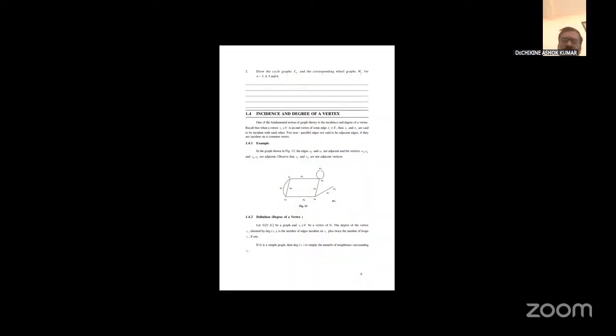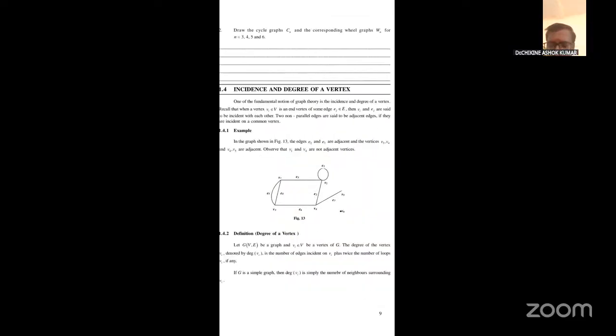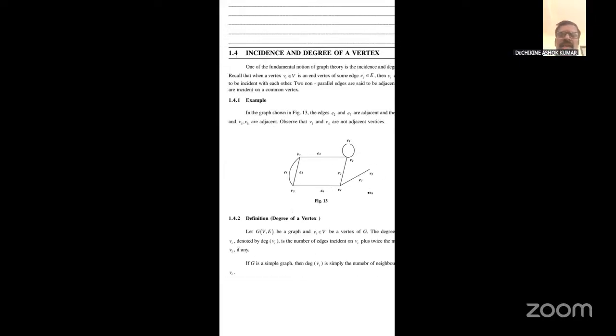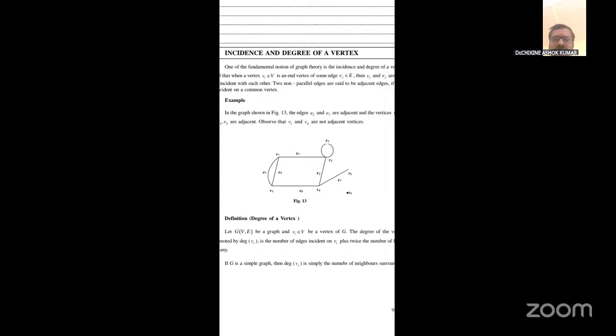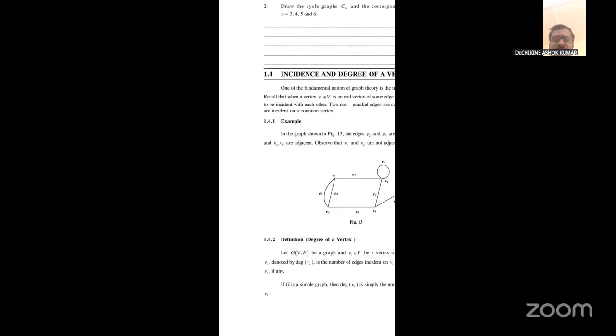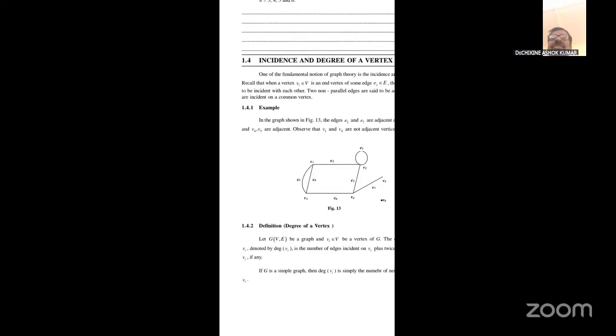Cyclic graphs, of course, we finish all these definitions. And directed graph, yes, here we have seen. Let G be a graph with vertex set V and edge set E, and Vi belongs to V be a vertex of G. Then the degree of the vertex Vi, denoted by degree of Vi, is the number of edges, whether in edge or out edge.